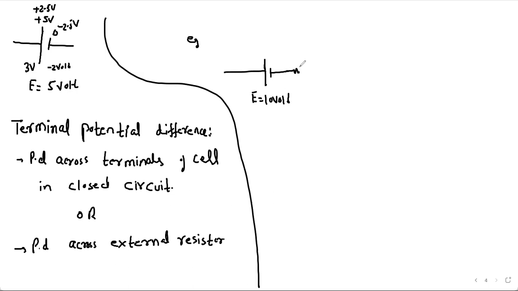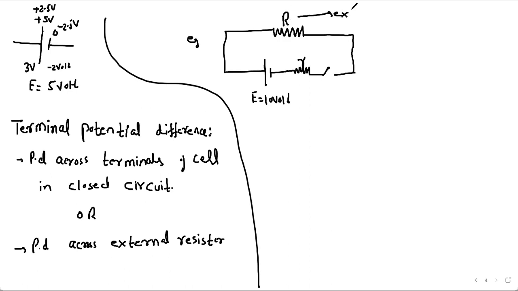Then this cell has some internal resistance. Then I connected a key which is open initially, and this is the external resistance R. The small r is the internal resistance of the cell, and this capital R here is the external resistance.